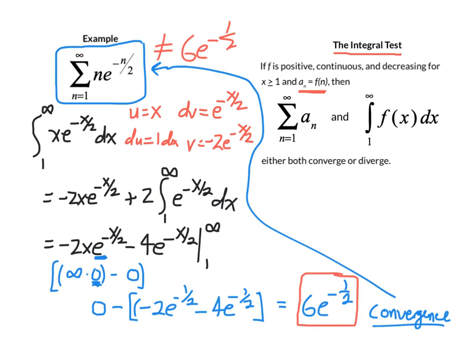Sometimes that can be incredibly difficult, but we're just trying to determine qualitatively convergent or divergent. So when you see that number on the improper integral, don't read too much into it. When you go back to your infinite series, we're just trying to state, okay, this is convergent or this is divergent. So the integral test here proves, with the integration by parts, that the infinite series n e to the negative n over 2 is a convergent case.